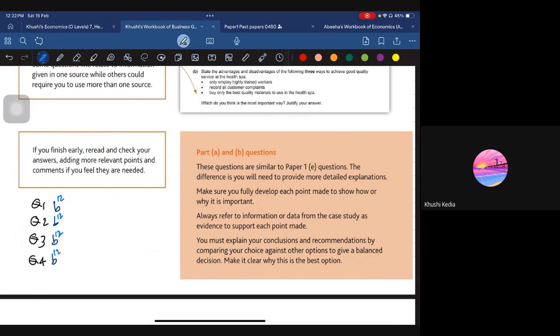Which assessment objectives are required here? All of them. You need the knowledge, the application of the knowledge, then the analysis and the evaluation as well. So we are going to consider all of AO1, 2, 3, 4 in each.